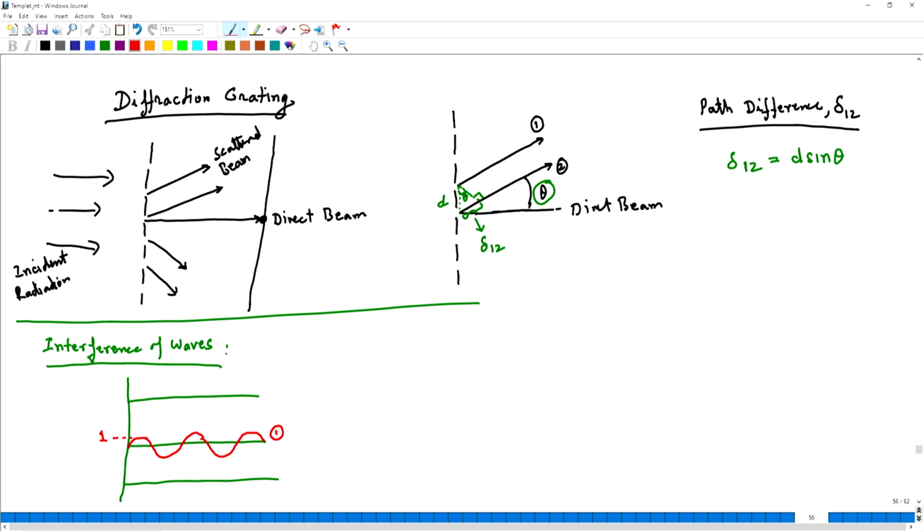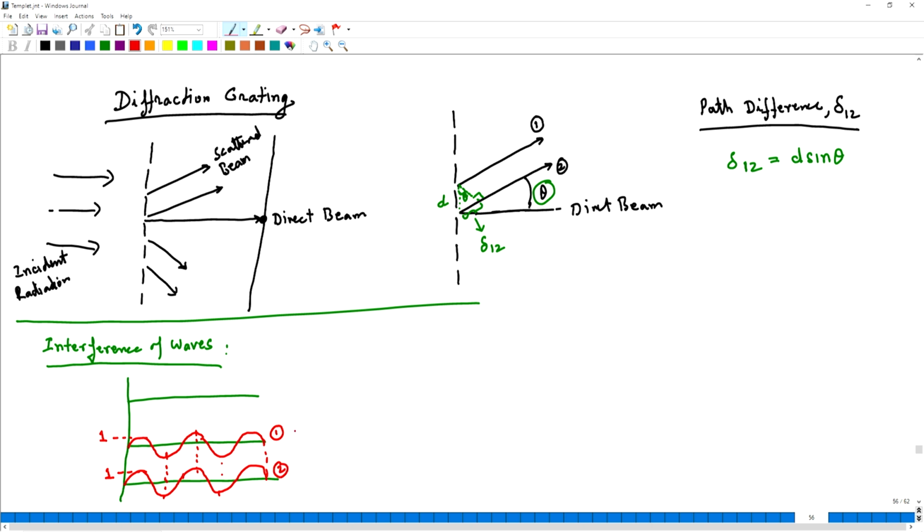Let us consider ray 2, which also has an amplitude of 1, and as you can see, the valleys correspond to the valleys in ray 1, and the peaks correspond to the peaks of the two rays 1 and 2.